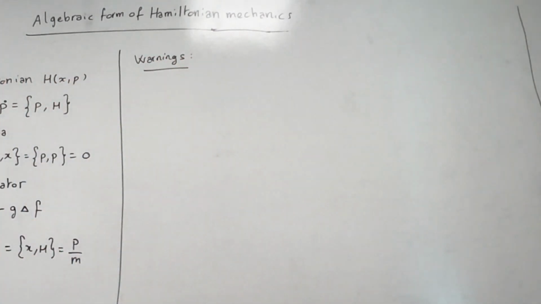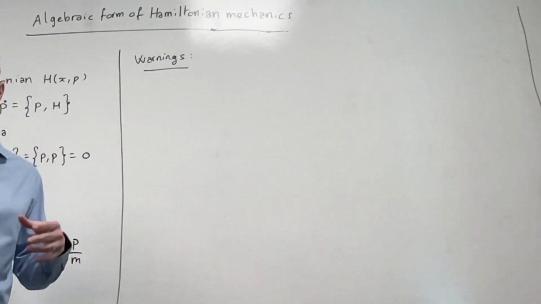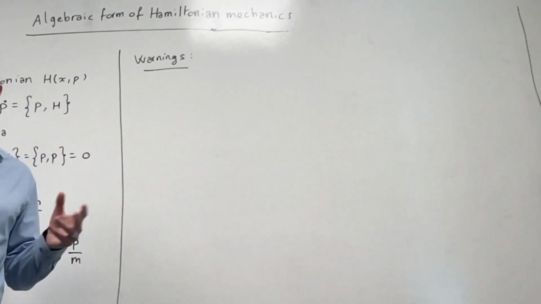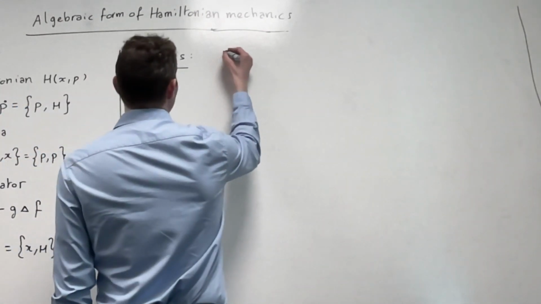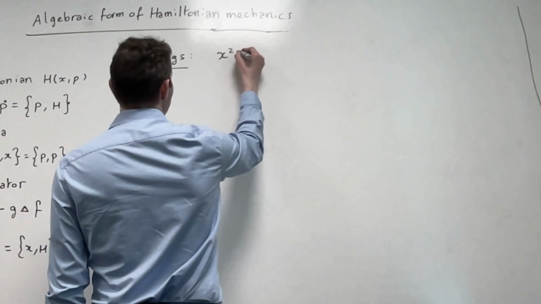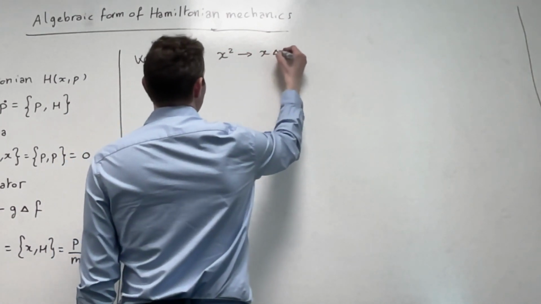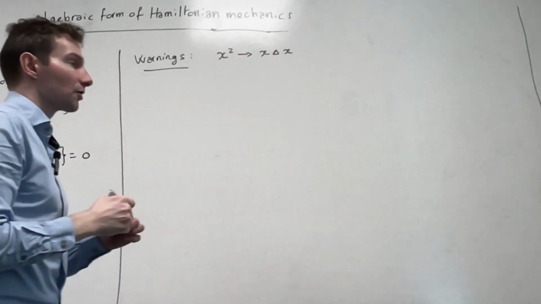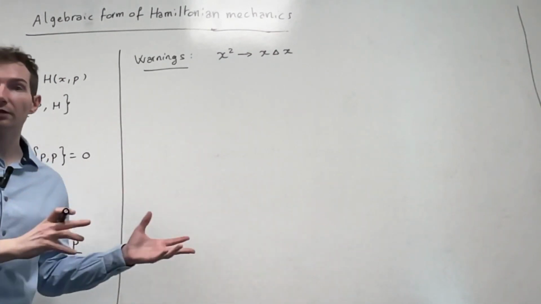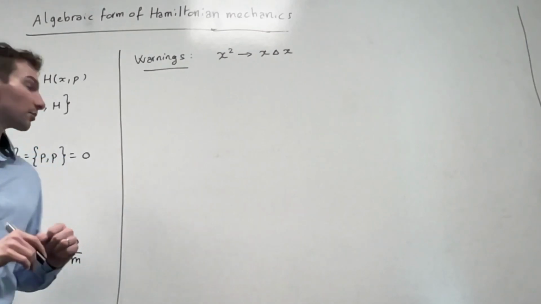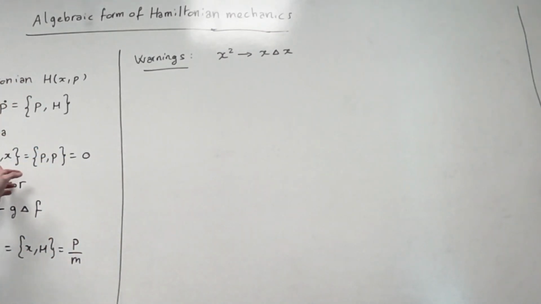To be honest, the biggest one is, and I thank very much the person who mentioned this in the comment section, I was precisely trying to improve that aspect, that we made the claim that we could go from x squared to x triangle x. And in fact, this is an unwarranted step. In principle, you say, well, that's fine because xx is 0, so I can, in principle, do that.